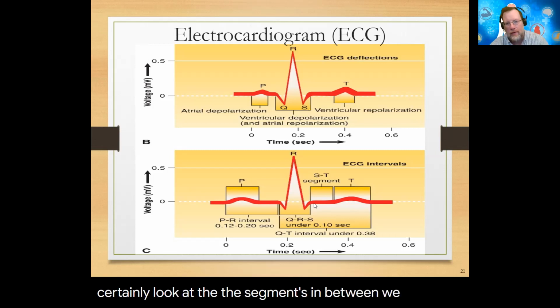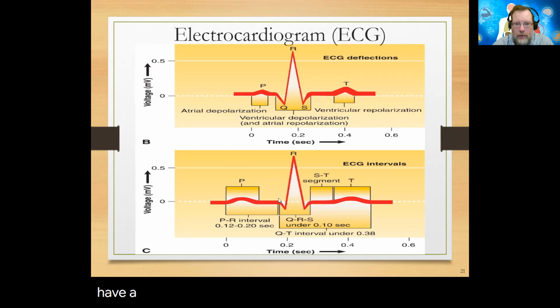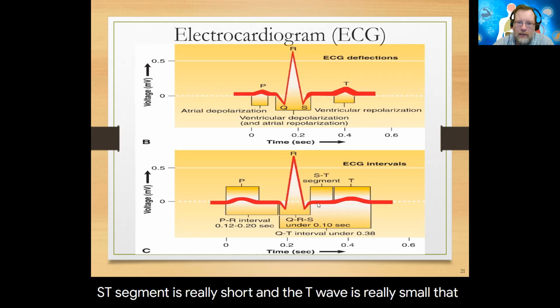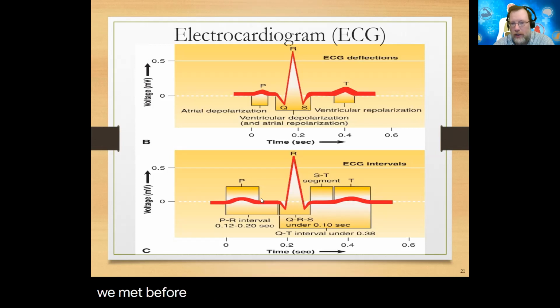Remember this ST segment, the ventricles are ejecting blood and going back to rest, preparing to ultimately get more blood from the atria. So if this ST segment is really short and the T wave is really small, then we may see another P wave start before we generate another P wave.